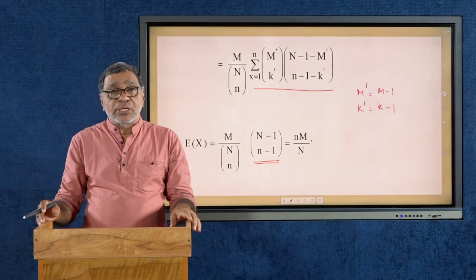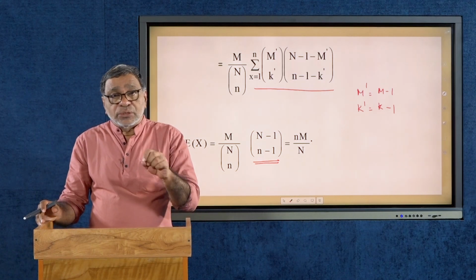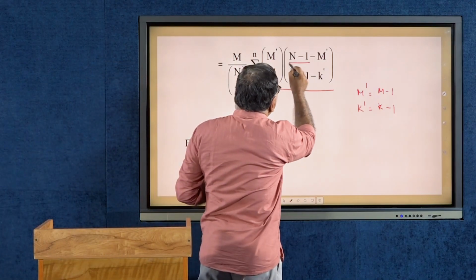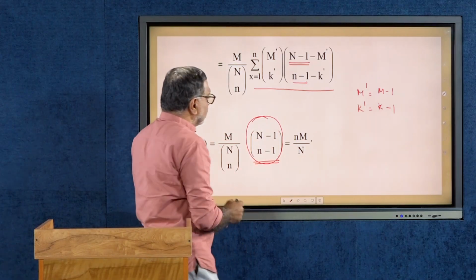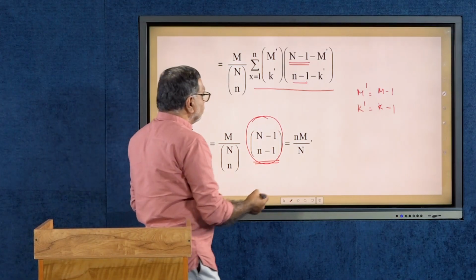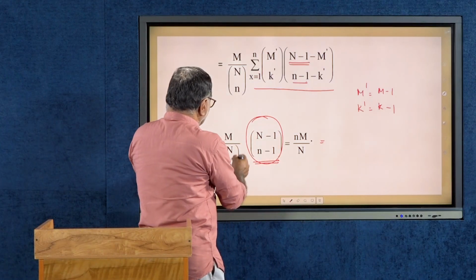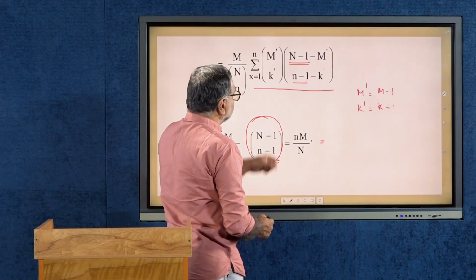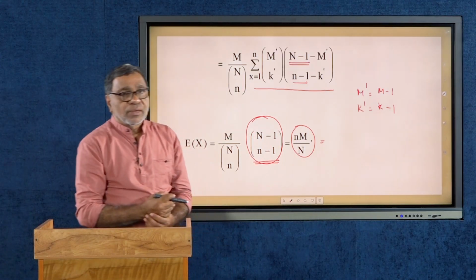Earlier we discussed that the sum over f of x is equal to 1. Based on that, this value, with these parameters, is (N minus 1)C(n minus 1). Simplifying, m divided by NCn times (N minus 1)C(n minus 1), you will get m divided by N.